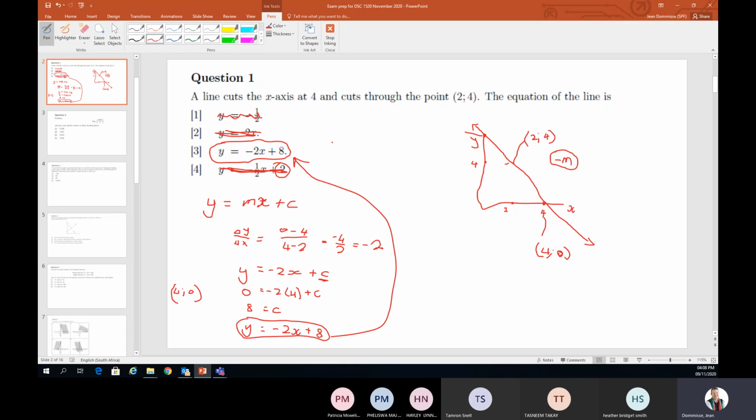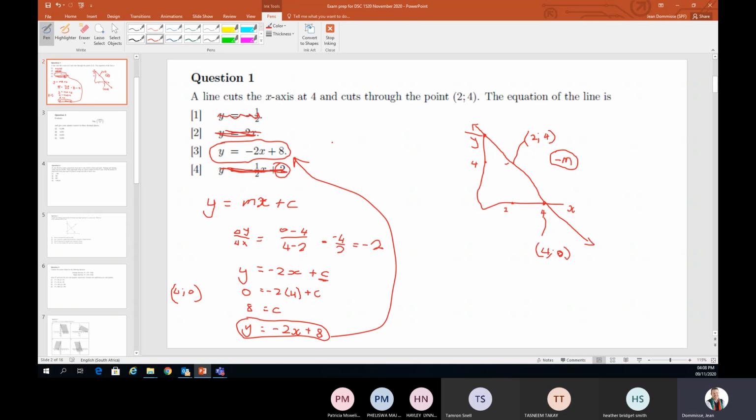So this is for me nearly testing that you know how to work out the slope, and then how to put that slope with a point back into the equation to get the final equation.